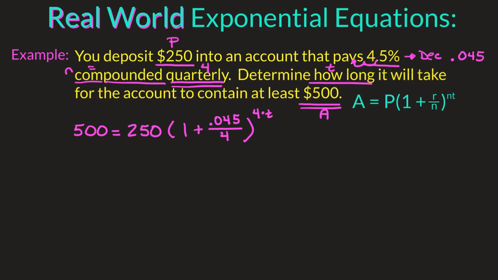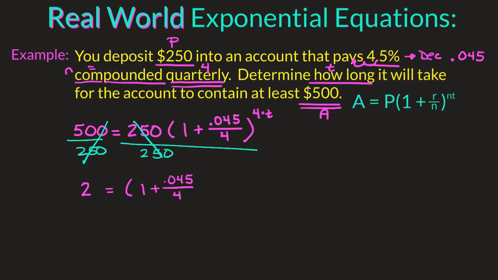Okay, so to get the t by itself, we need to divide both sides by 250. And when we do that, the 250s cancel. 500 over 250 gives us 2. So we have 2 equals (1 plus 0.045 over 4) to the 4t power.